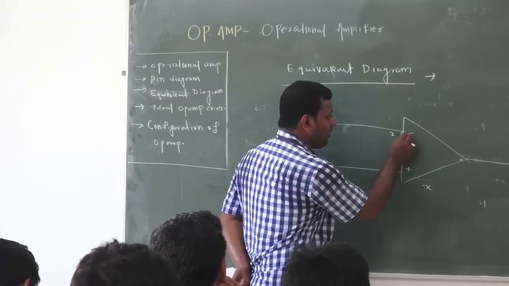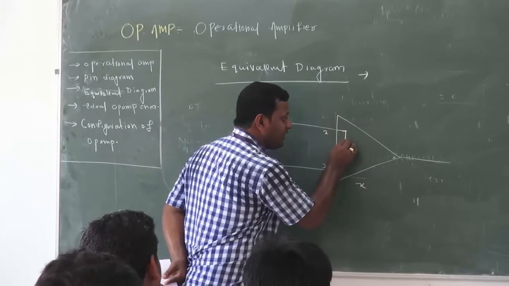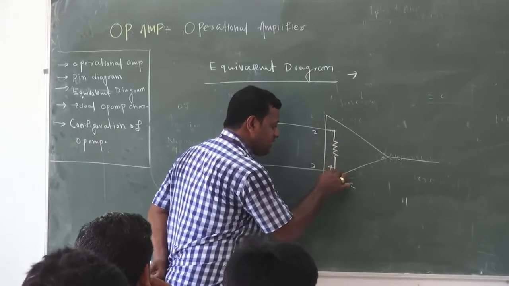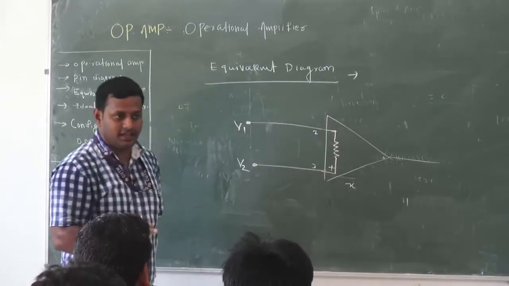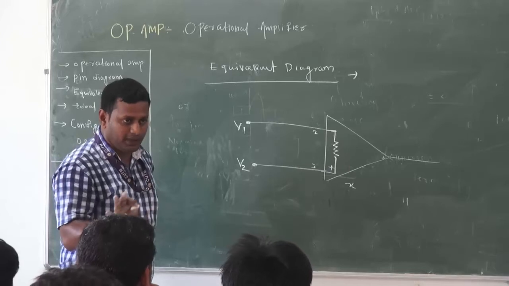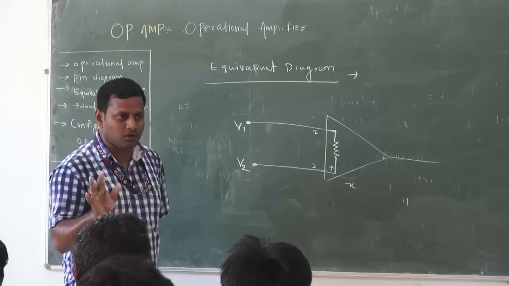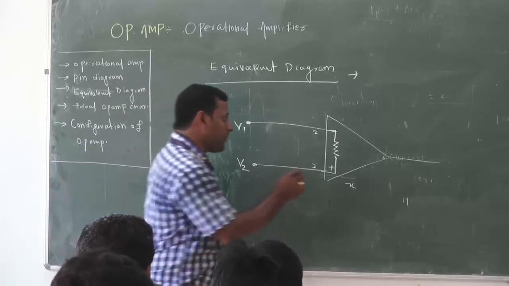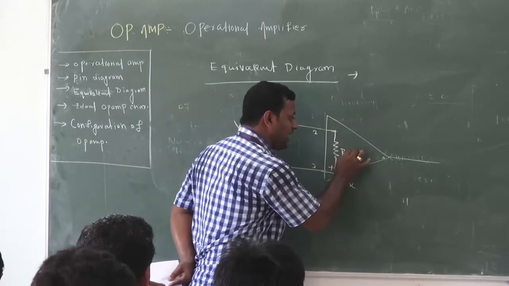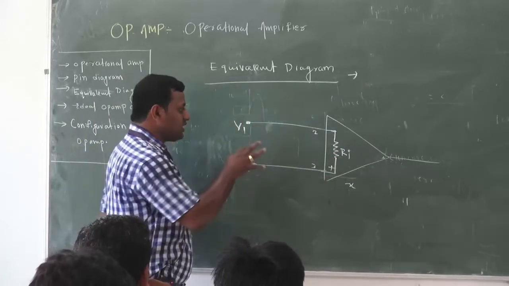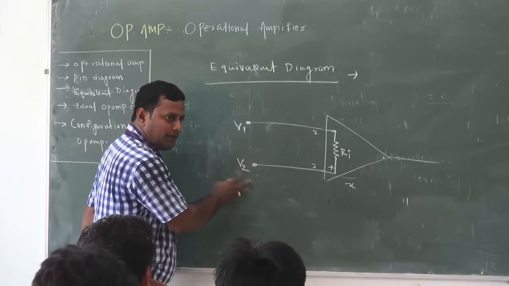Every op-amp has an internal resistance, like the BJT or like the FET. In the case of FET, the input impedance is equal to infinite. For the time being, I am not considering the ideal characteristic; it is the internal characteristic of the op-amp.